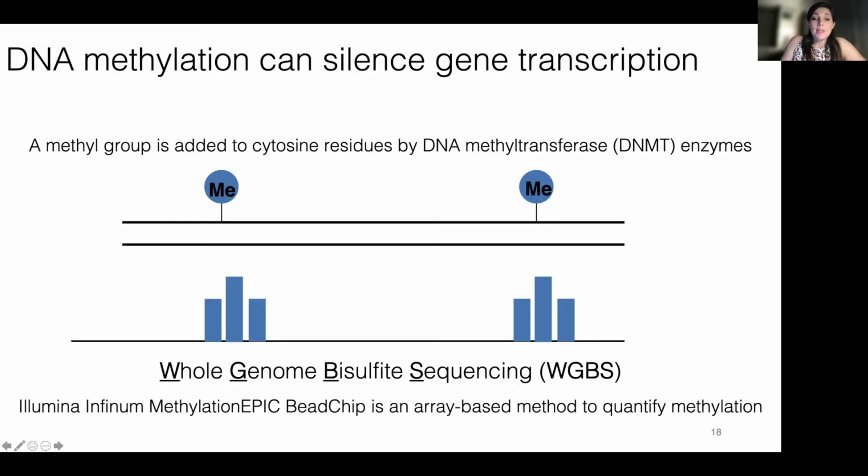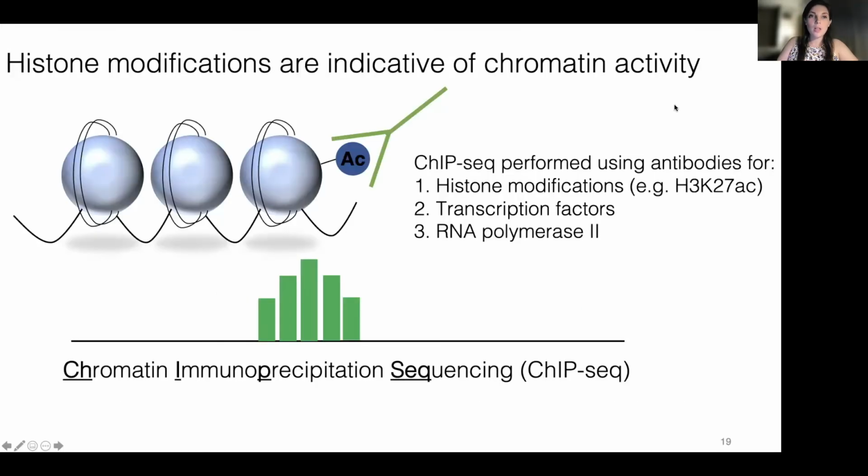And in addition to the sequencing, there's a bead chip that is a more array-based method that allows us to quantify methylation, and that chemically works differently than the whole genome bisulfite sequencing.